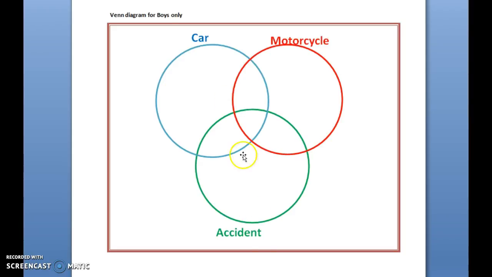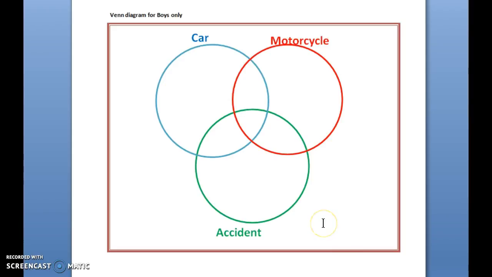My Venn diagram has a big box. This big box represents the population of boys in the survey. And there are three subsets: a subset of cars, a subset of motorcycles, and a subset of accidents.